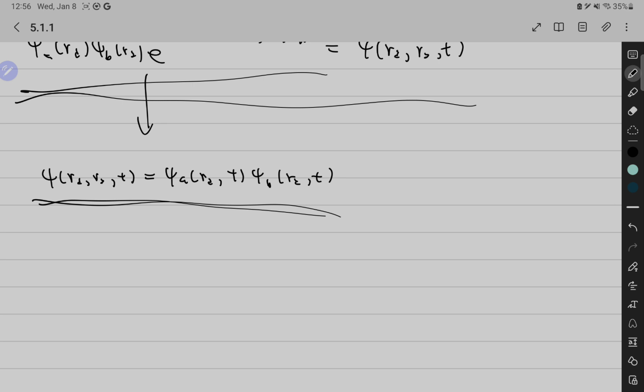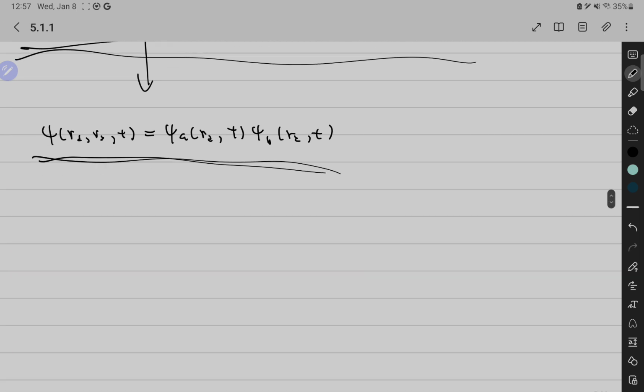Now this has a pretty important implication, because recall, in quantum mechanics, any linear combination of solutions to the Schrödinger equation will also satisfy that Schrödinger equation. So what do we mean by that, and what implication does that have? Well, what do we mean by the linear combination?